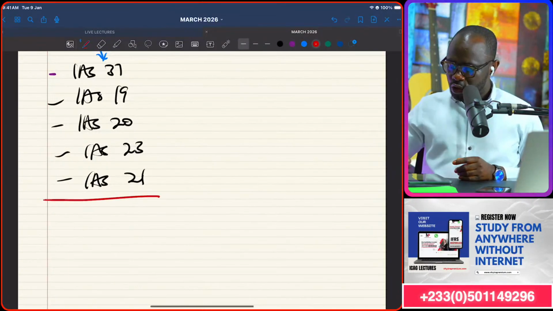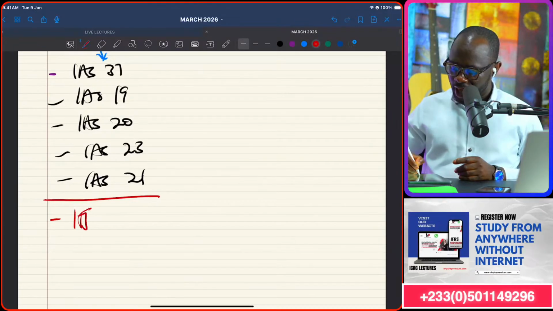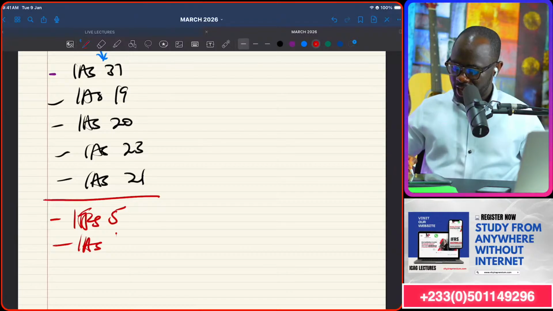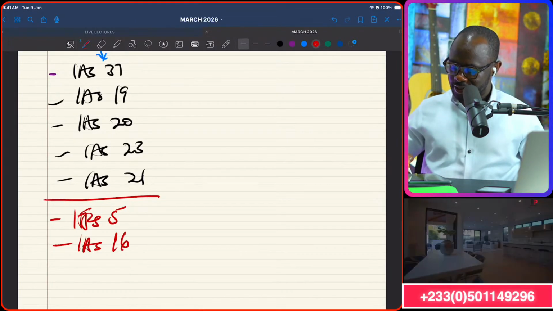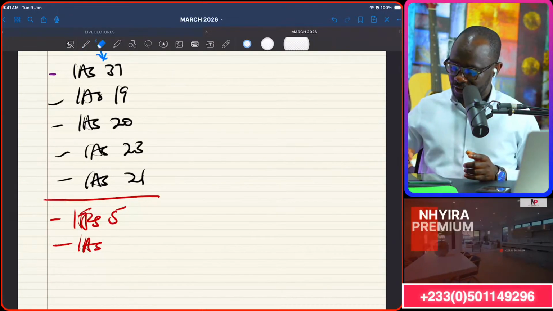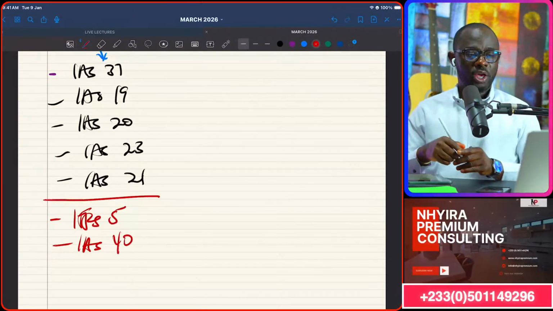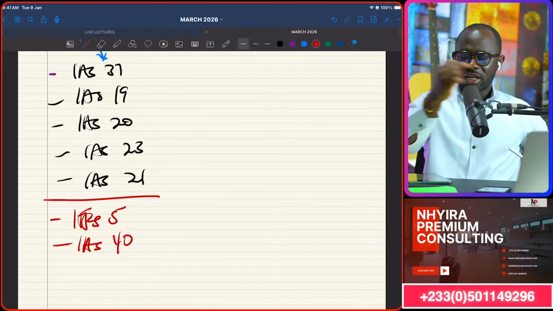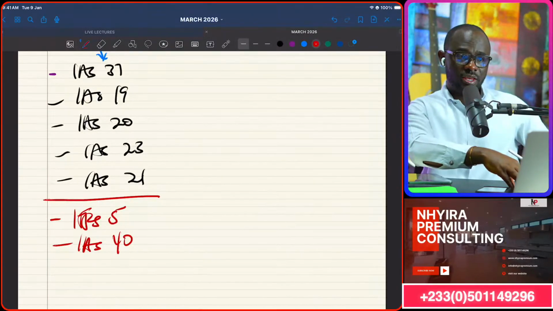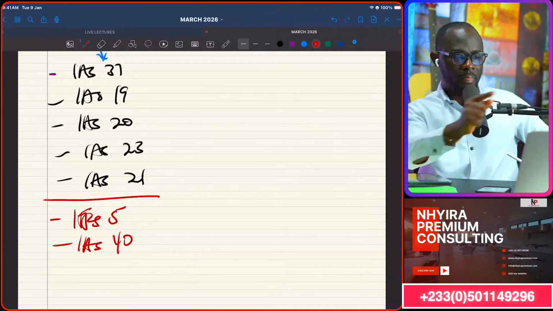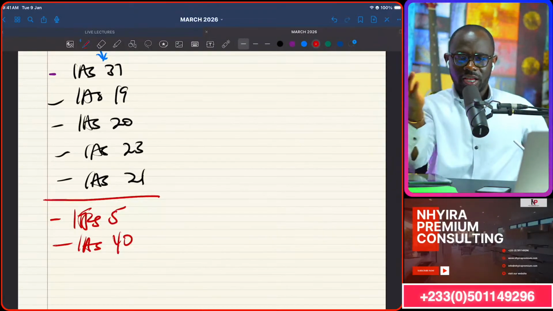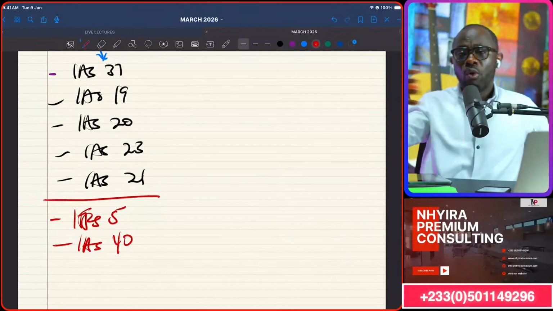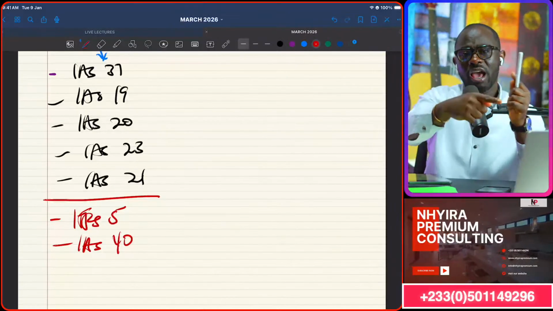Now, 2 other standards can even come up here, like IFRS 5, non-current asset held for sale and discontinued operation, and IAS 40, investment property. Because if we have a non-current asset held for sale, and it is transferred into PPE, what is the initial measurement? If we have an investment property, and the entity decides to now use it as owner-occupied, what will be the initial measurement?